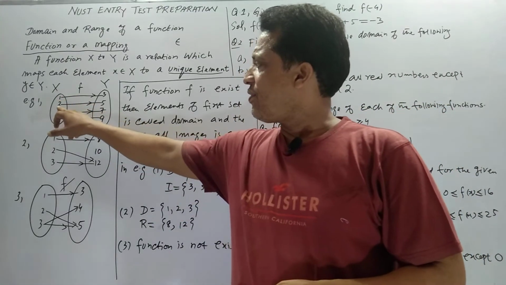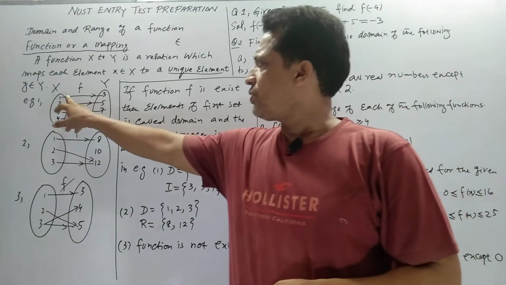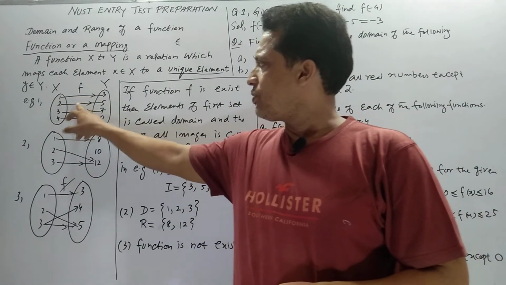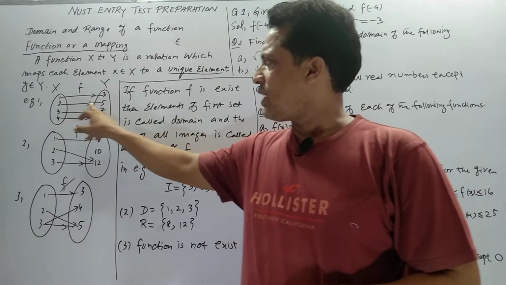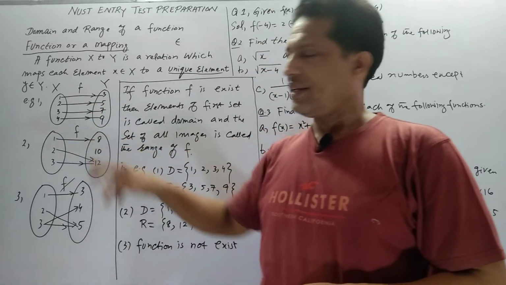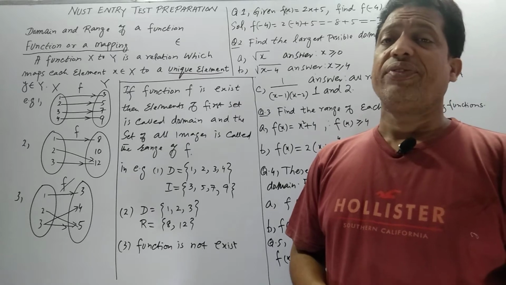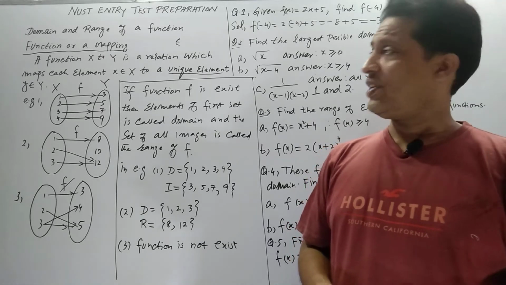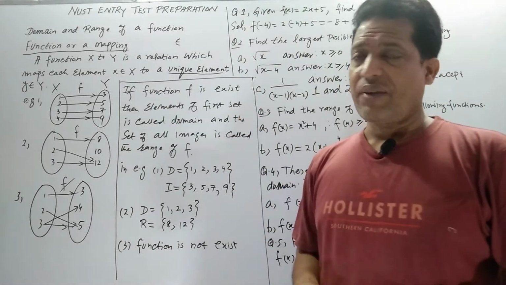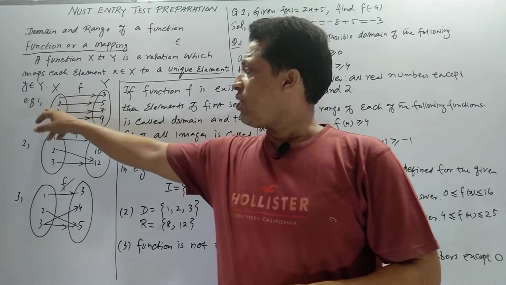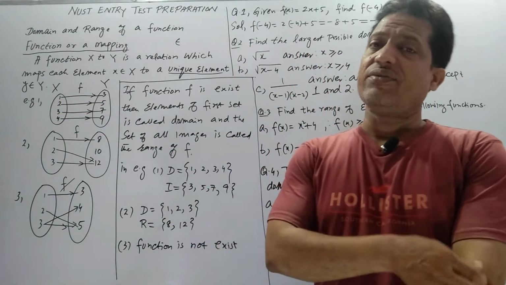1, 2, 3, 4. 1 goes to 3, 2 goes to 5, 3 goes to 7, 4 goes to 9. Yes, it is a function because it fulfills the requirement of the function. What is the requirement? All elements of the first set are involved.